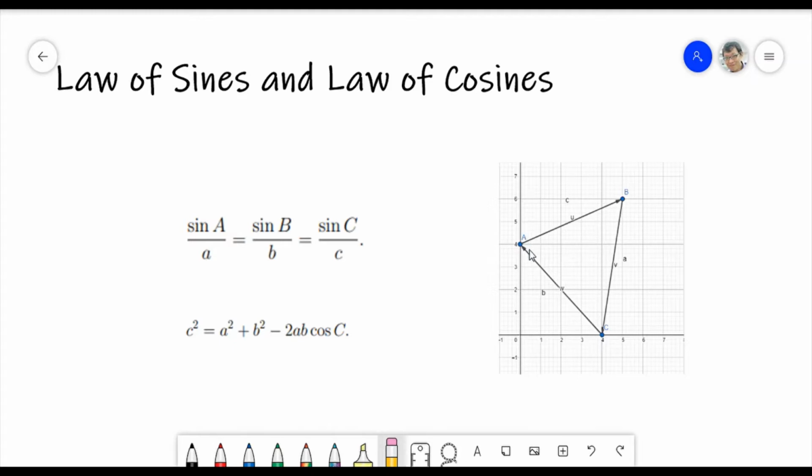For angle A, the corresponding side is a, which is the length of BC. For angle B, the corresponding side is b, and for angle C, the corresponding side is c. So for any triangle, sine A divided by a equals sine B divided by b equals sine C divided by c.